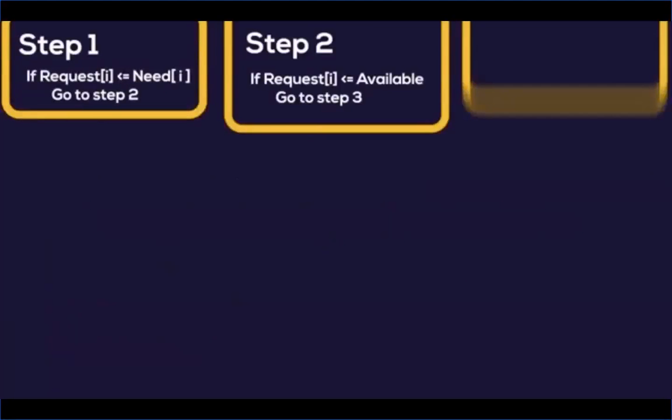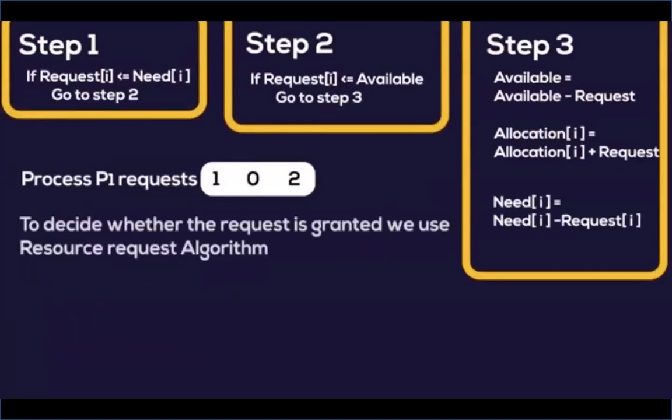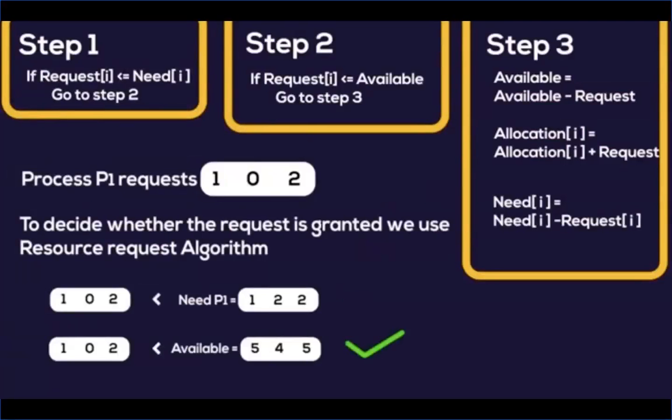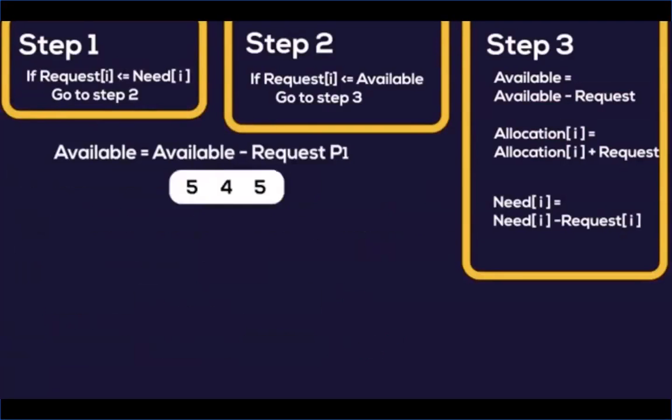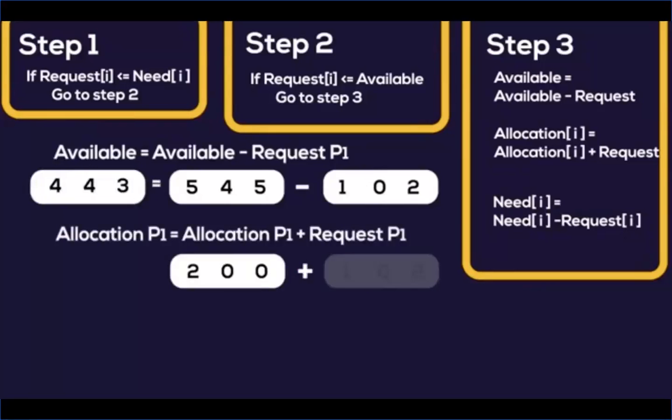Now this is resource allocation algorithm. First of all, we need to check two conditions. If requests are less than need, move to step 2. If it is less than available, move to step 3. Now available equal to available minus request 1.